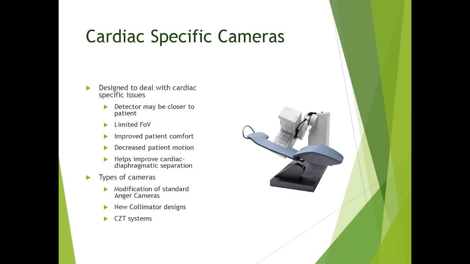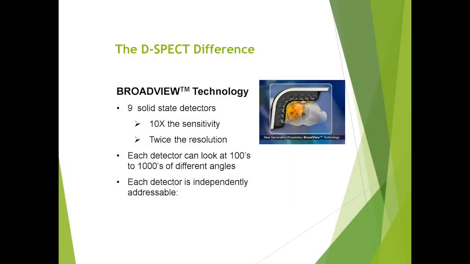Aside from modifications seen here, there are new collimator designs and newer detector systems, CZT systems, which we'll be getting into. One of the newer cameras that is of a newer design is the D-SPECT camera. It does use CZT technology.